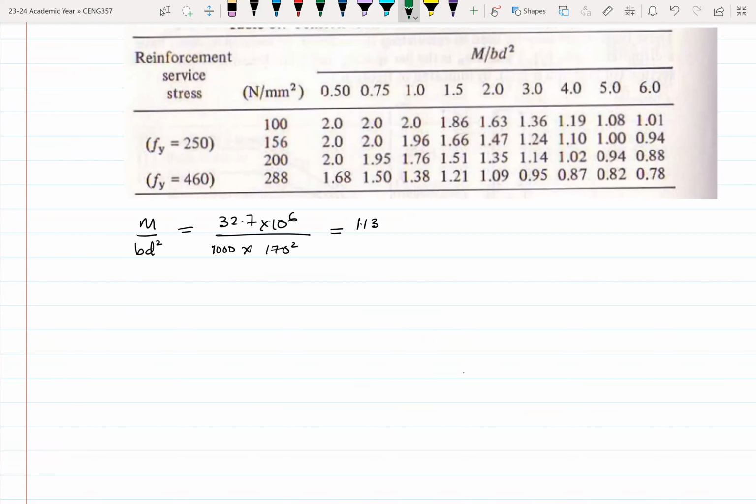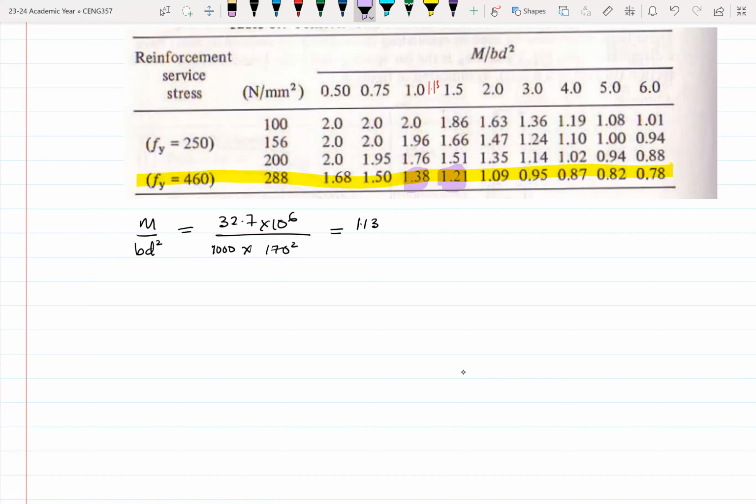Our fy is this value over here. So we are somewhere in between, somewhere here, 1.13. So you have to choose somewhere between these two values.